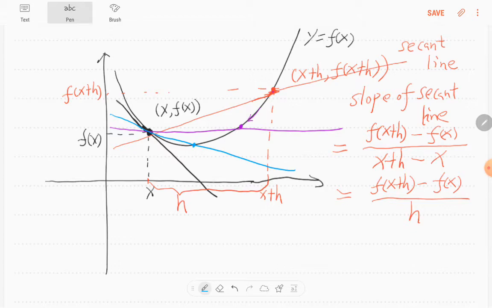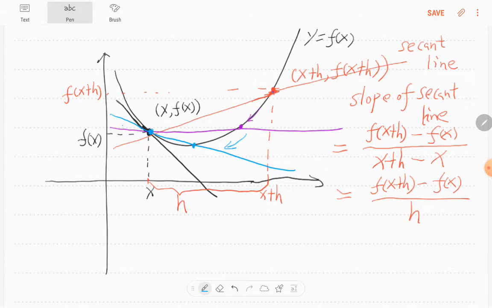You can see that if we continue to move the point along the curve in this direction, at last, when this point is very close to the tangent point, or coincides with it, then the secant line will coincide with the tangent line. In other words, when the second point moves to the original point, so these 2 points coincide, then the secant line becomes the tangent line.